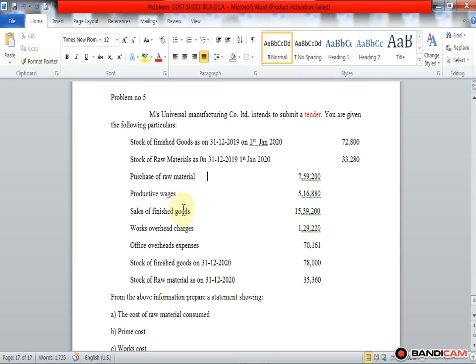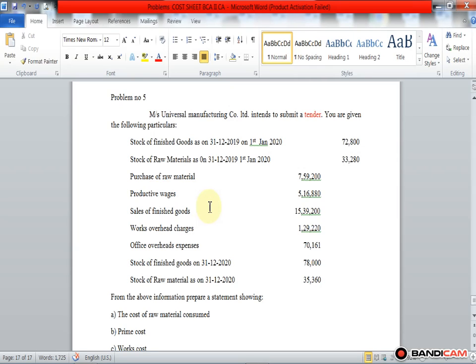Sales of finished goods means it is a sales during the year. Okay. Sales of finished goods rupees 15,39,200. Office overheads expenses 70,169. Works overhead charges rupees 1,29,220.